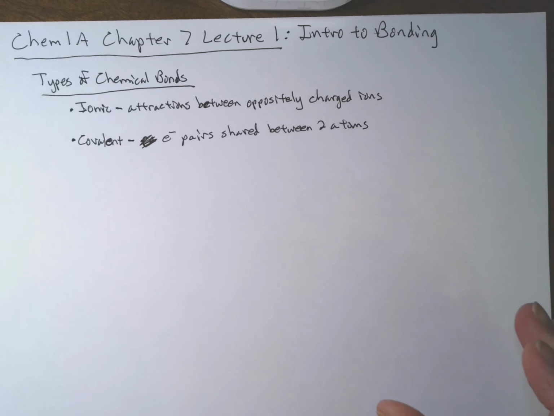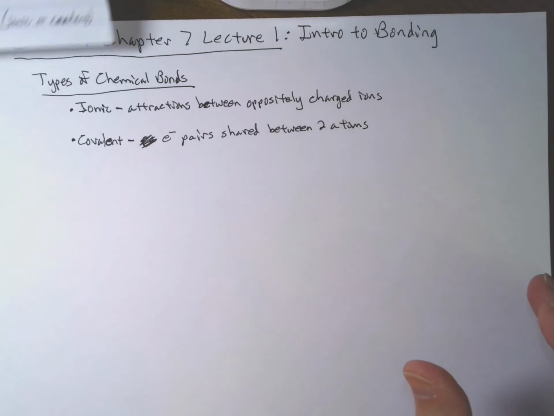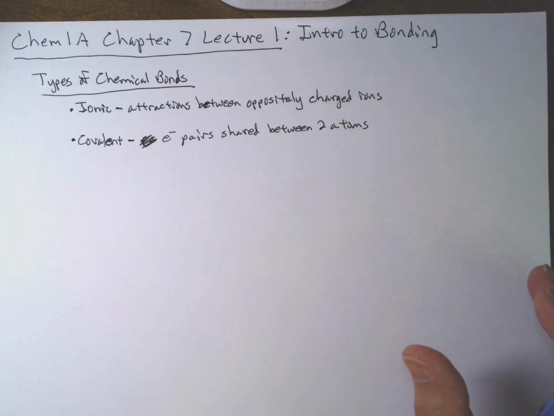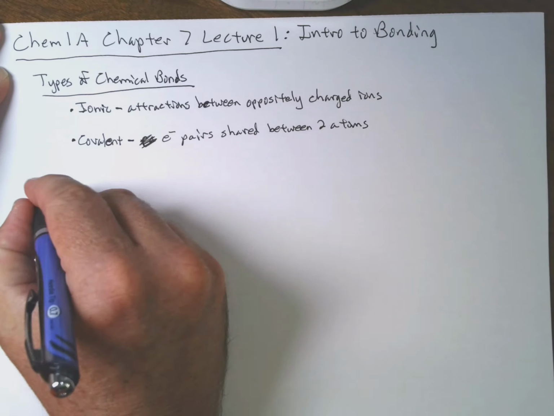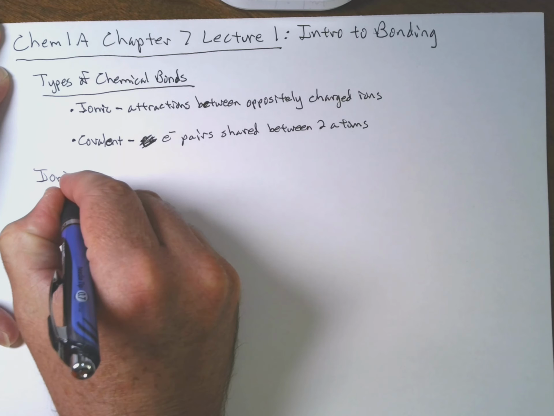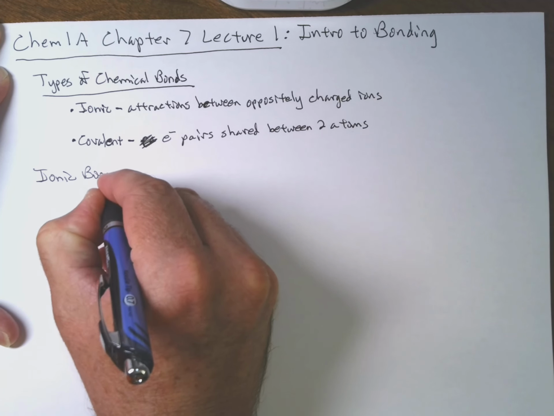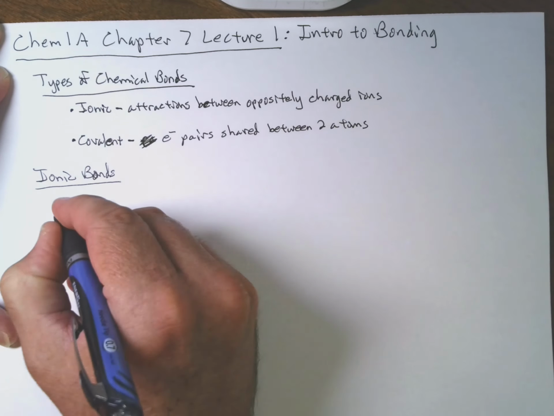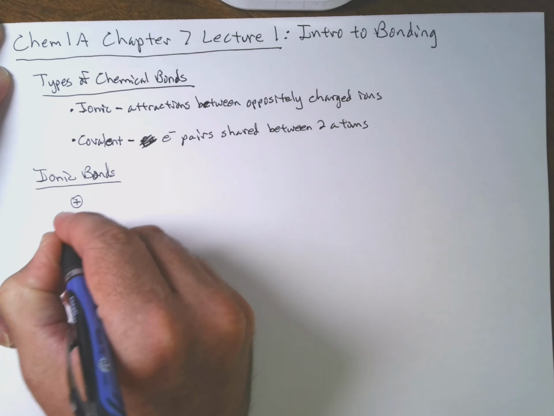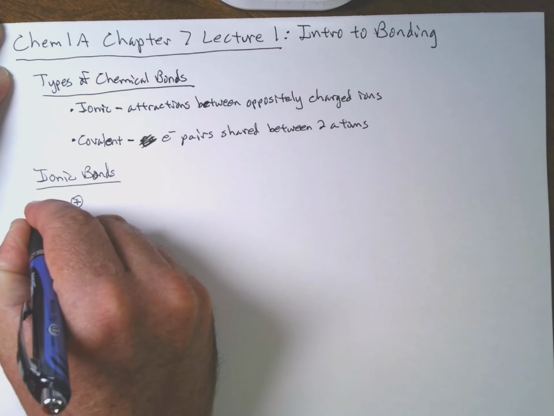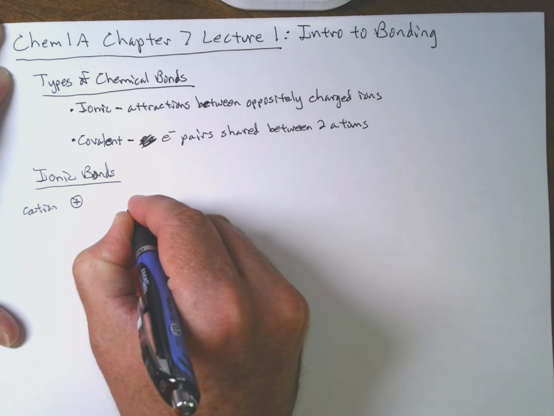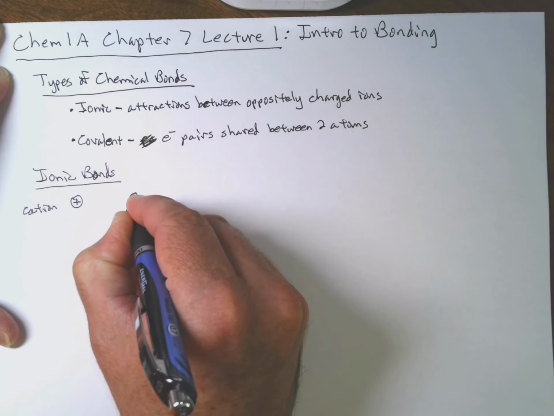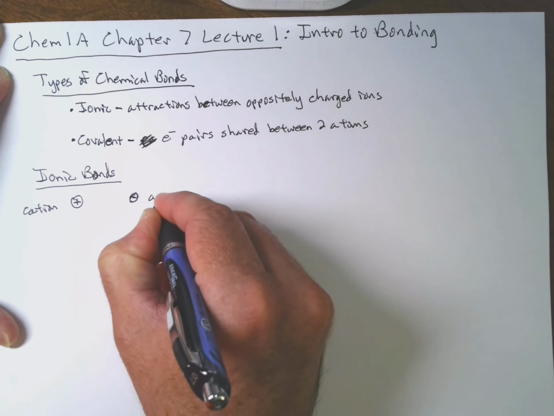So let's look at these in a little bit more detail. First, ionic bonds. At its simplest, an ionic bond will consist of a cation and an anion.